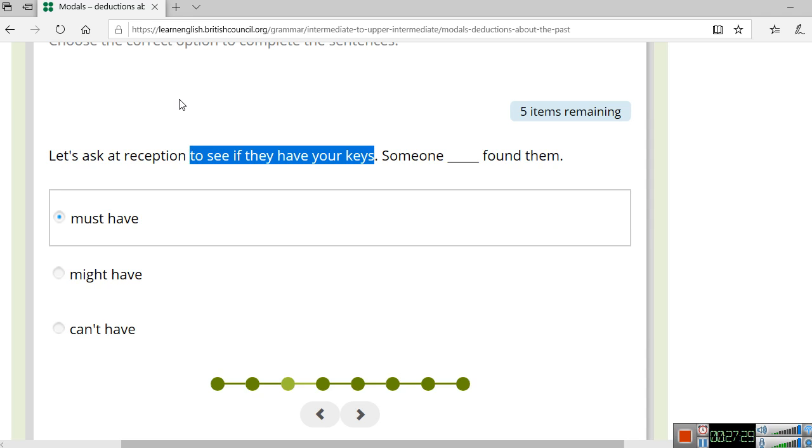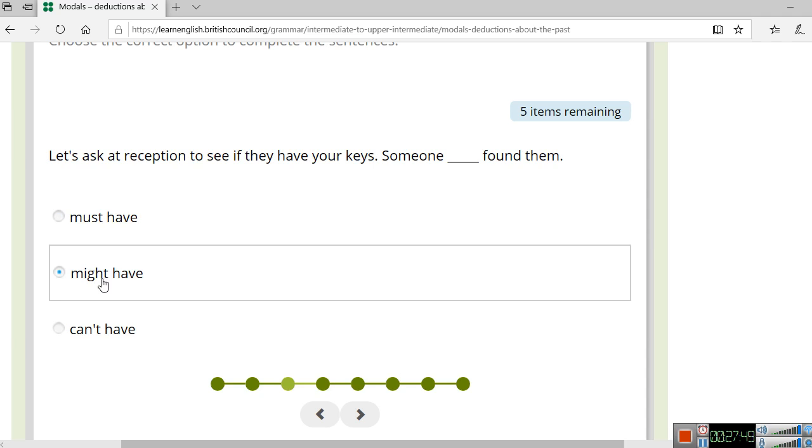So in this case, I have to use a modal verb that helps me realize that 50% chance. So Frank, which one would that be? If I'm talking about a 50% chance. Which one? Might have. Okay, so let's read it. Let's ask at the reception to see if they have your keys. Someone might have found them.